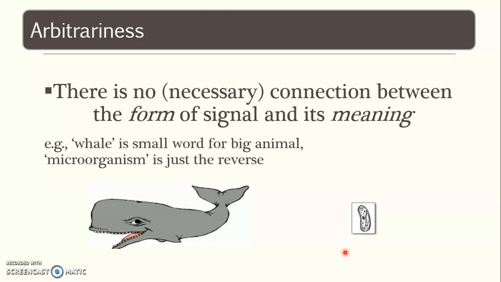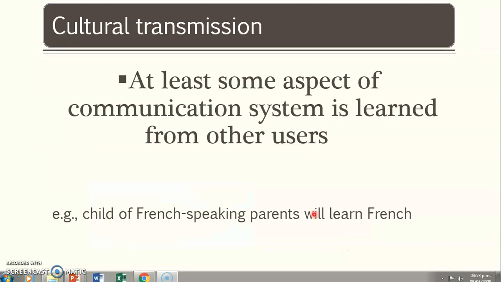Arbitrariness. There is no necessary connection between the form of signal and its meaning. So whale is small for a big animal, and microorganism is just the reverse. There is no connection. Maybe some onomatopoeias you may find, but it's absolutely arbitrary. Another one has to do with cultural transmission.